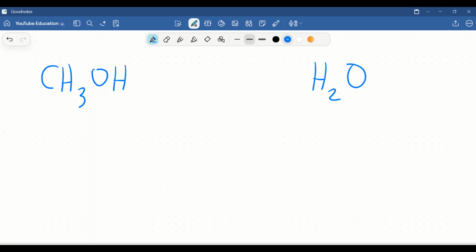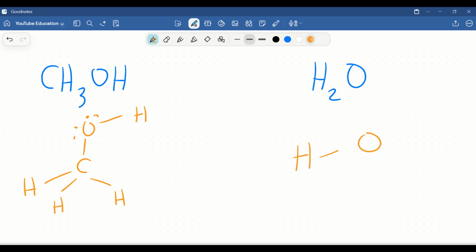So if I drew the structure of methanol, CH3OH, it would look something like this. And obviously for water, now that we've talked about that quite a bit, it would look something like this.